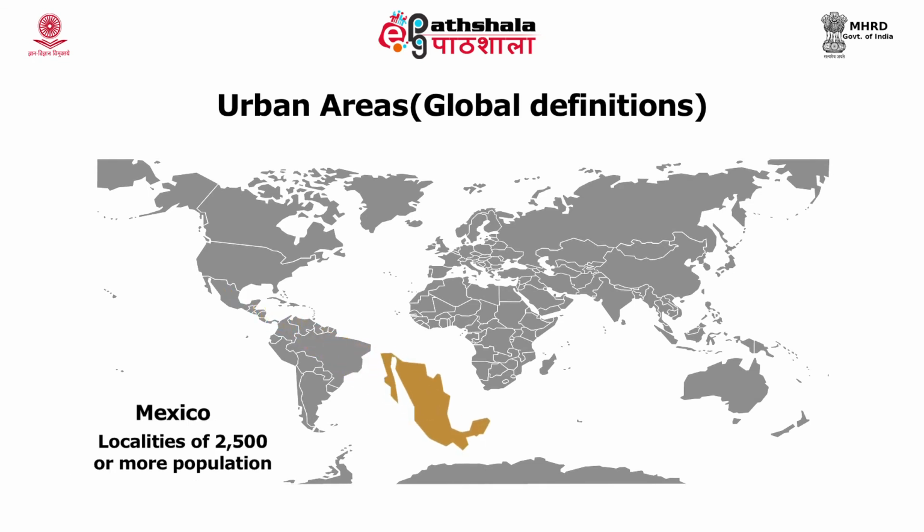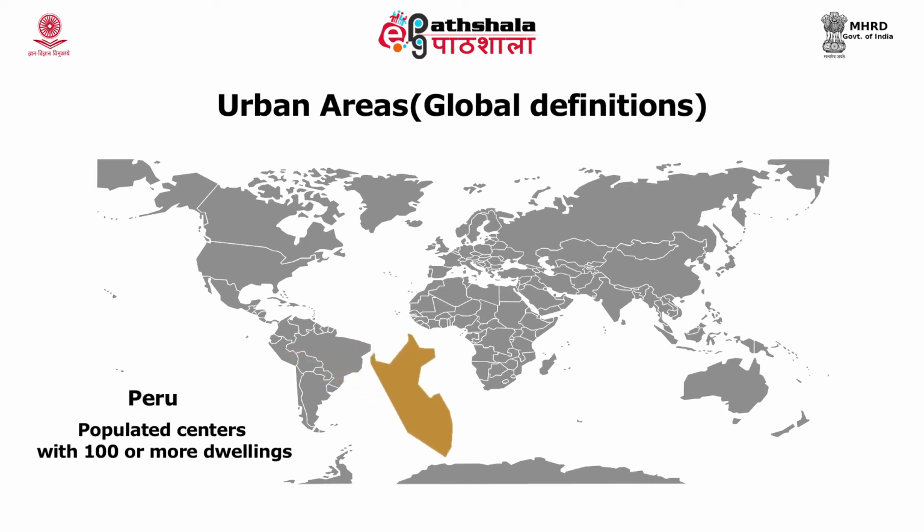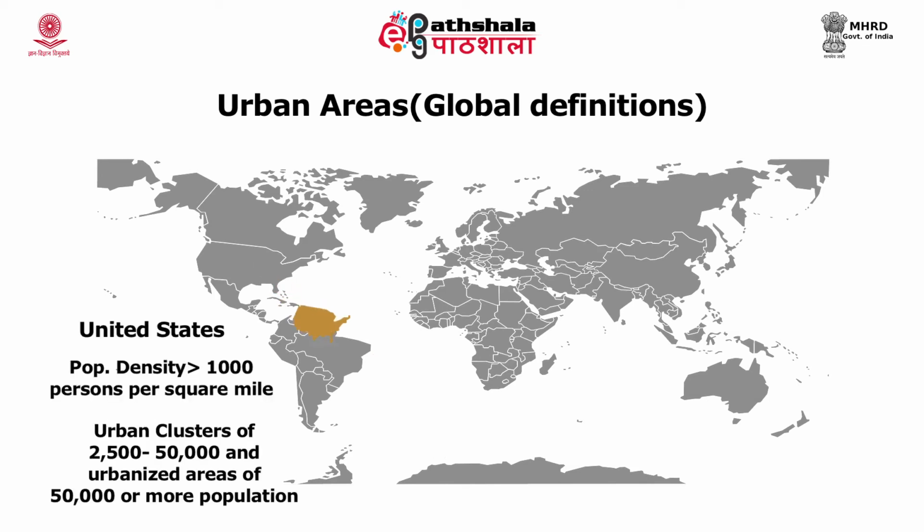Mexico has talked about population. Nigeria has talked about the administrative functions. Peru has defined urban areas as populated centers with 100 or more dwellings. The United States has defined urban areas based on population and also density.